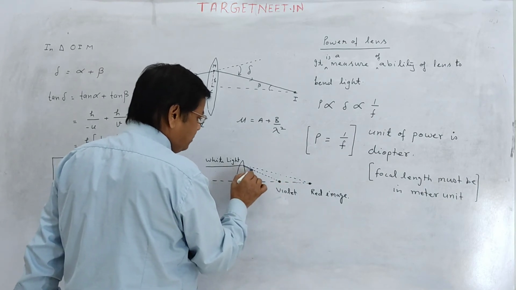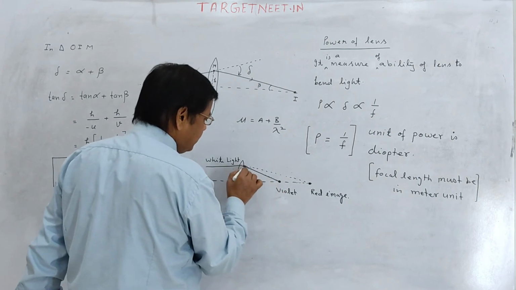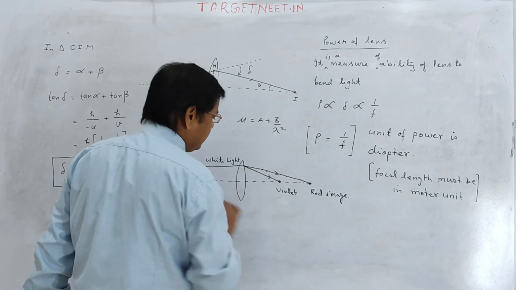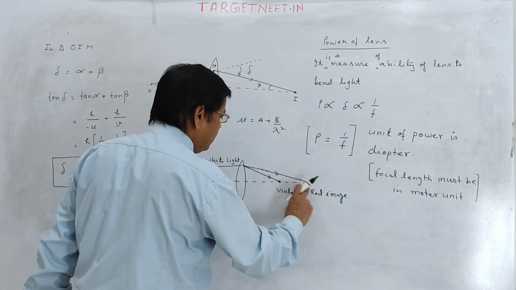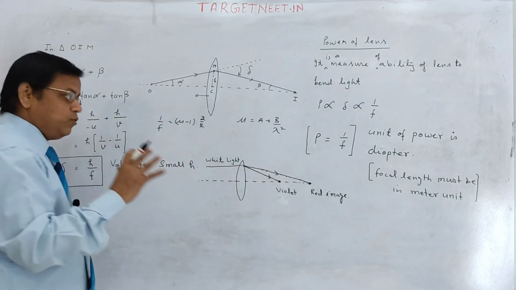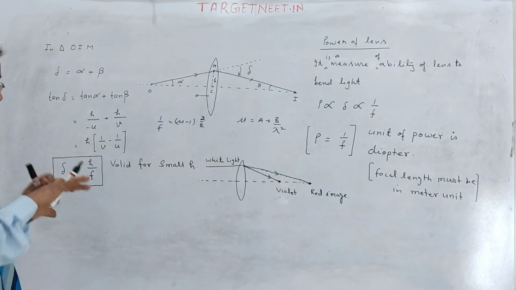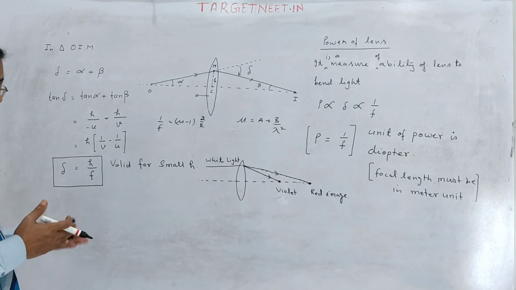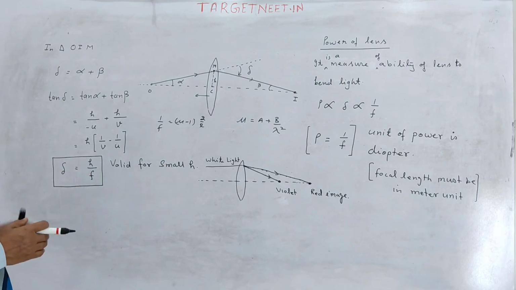So if white light passes through lens, it splits into colors and it forms different color images between these 2 points. So image formed is not sharp, it becomes blurred, and this is a defect of this lens, called chromatic aberration. We will be seeing it later on.